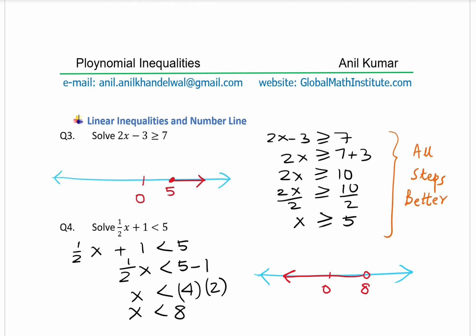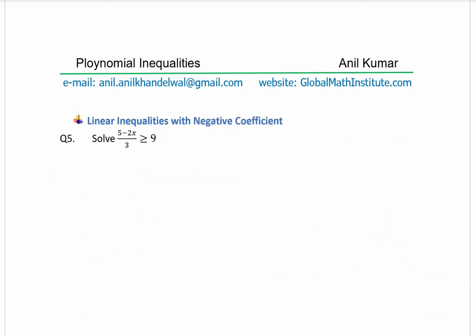Let's move on. Question number 5 here is 5 minus 2x over 3 greater than or equal to 9. So let me rewrite this. We have 5 minus 2x over 3 greater than or equal to 9. So first step is we'll multiply by 3. So we get 5 minus 2x is greater than or equal to 9 times 3.